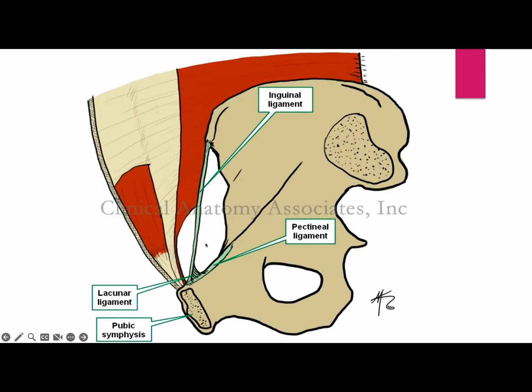And then we have the femoral sheath, and along with the femoral sheath, we have different compartments. The innermost compartment is the femoral canal, which is going to have the hernial sac.